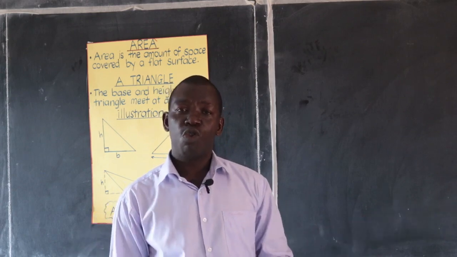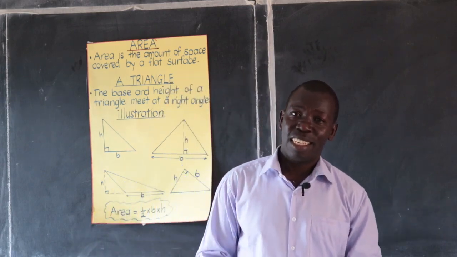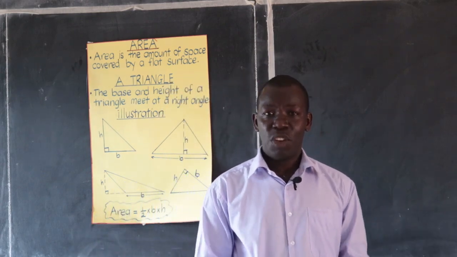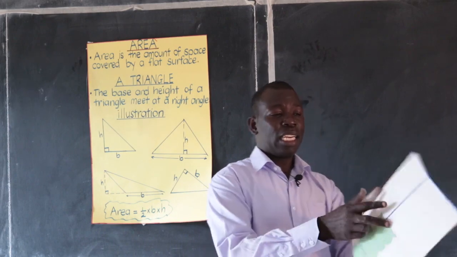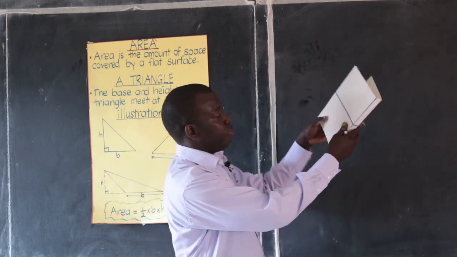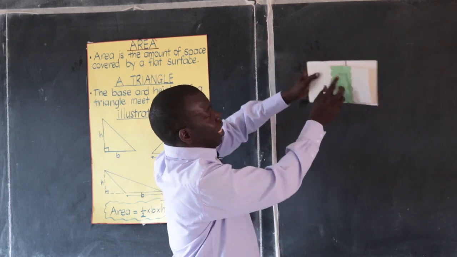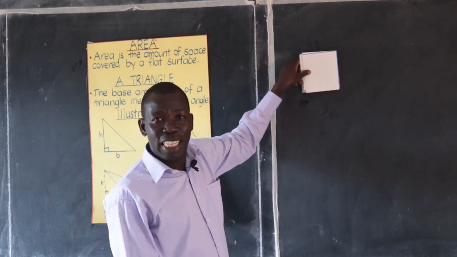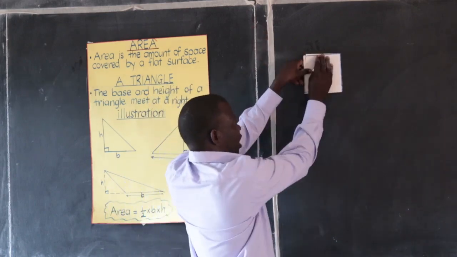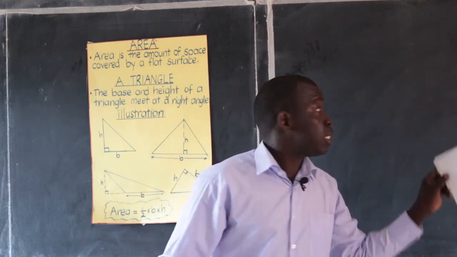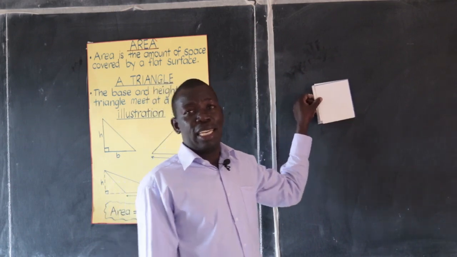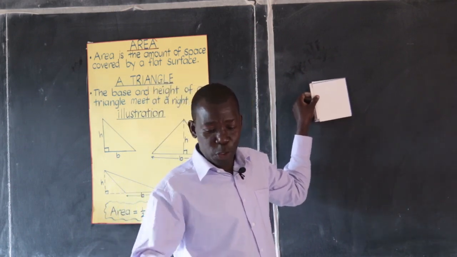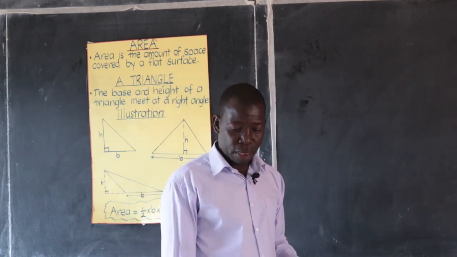You can talk about square decimeters as units for area. Still, it originates from here. If from here up to here is 1 decimeter, the region that is covered by this square of mine is 1 square decimeter.